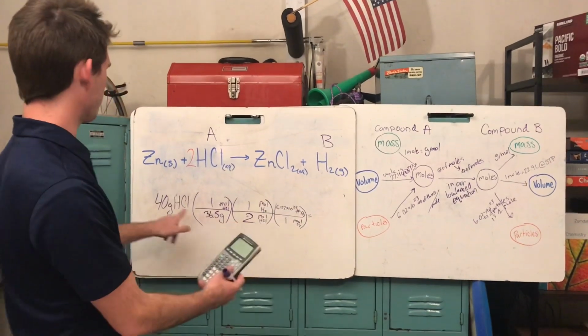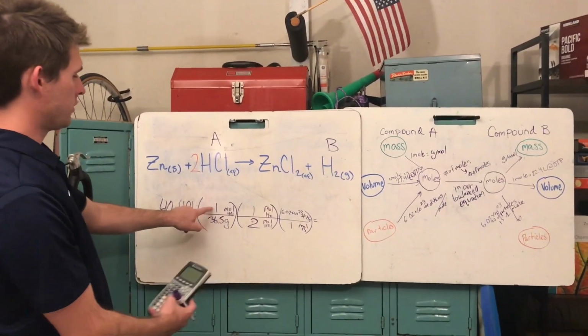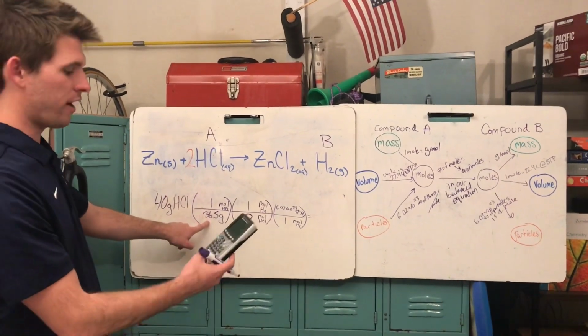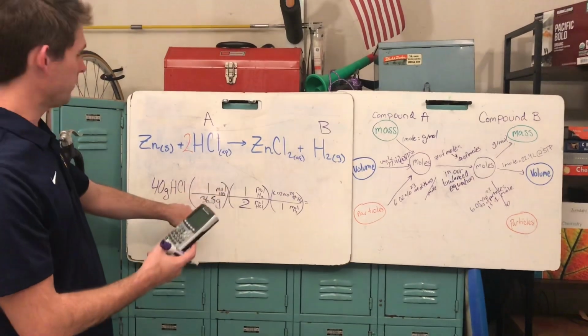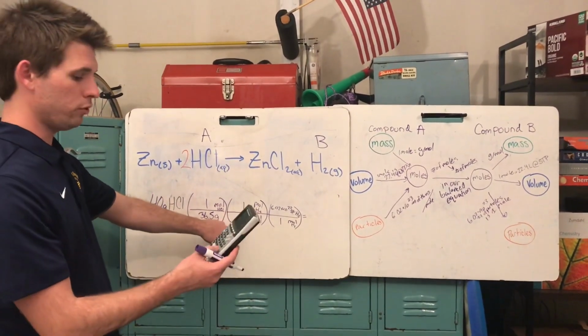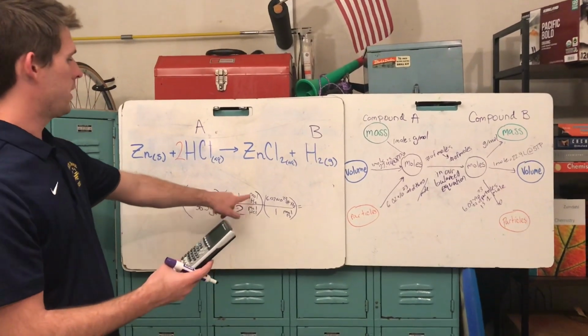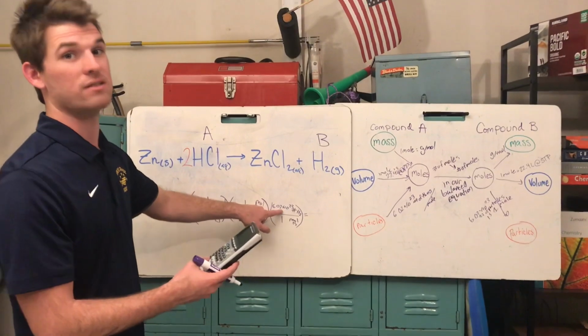And here's how we're going to plug it in. We're going to take 40 and we're going to divide by 36.5 because it's on the bottom. And I haven't pressed enter yet. I'm going to look at the next step. I'm going to divide by 2 because it's on the bottom. And then I'm going to multiply by 6.02 times 10 to the 23 because it's on the top.